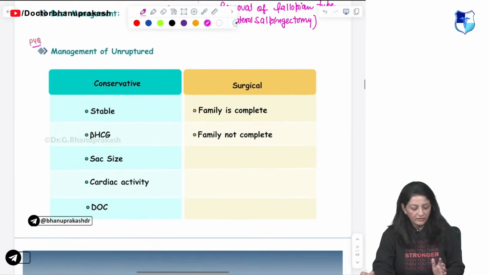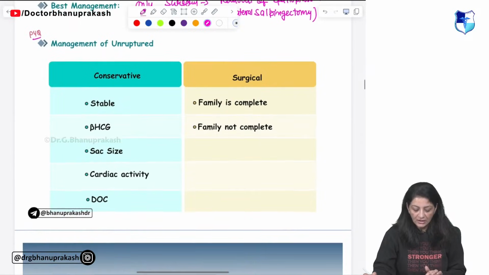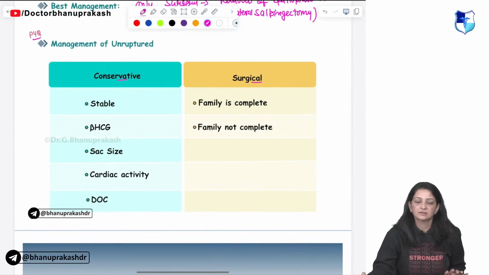So management of unruptured ectopic pregnancy. We can do conservative management and surgical.